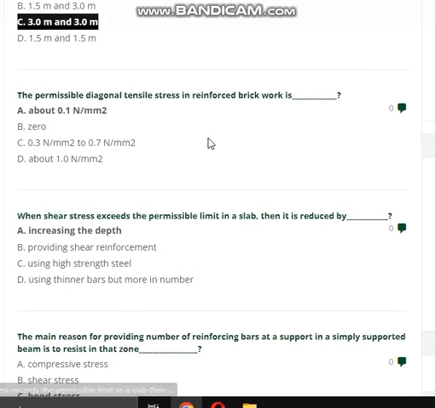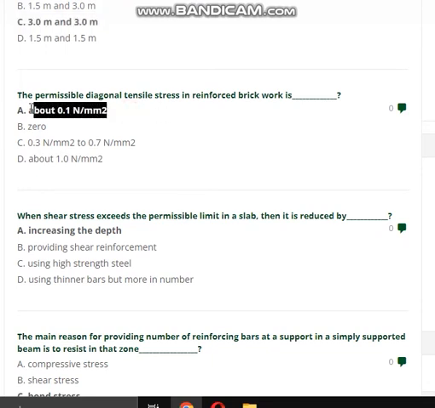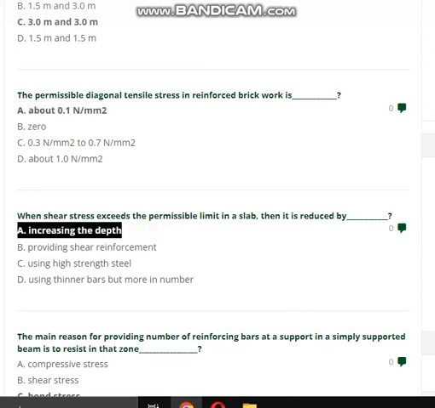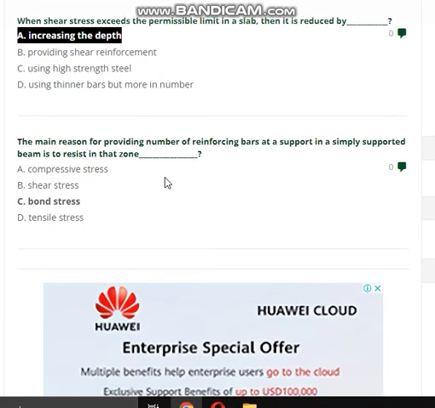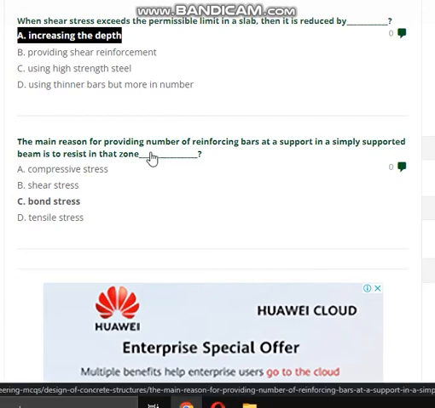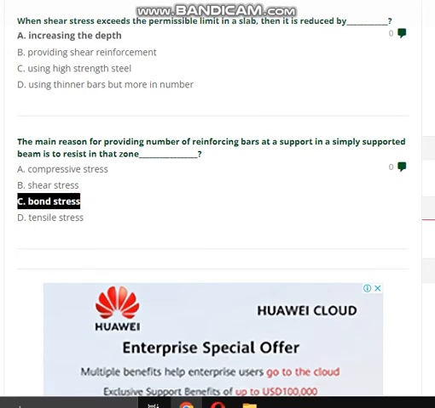The permissible diagonal tensile stress in reinforced brick work is about 0.1 Newton per millimeter square, which when exceeded in a slab is reduced by increasing the depth. The main reason for providing a number of reinforcement bars at support in a simply supported beam is to resist that zone's bond stress.